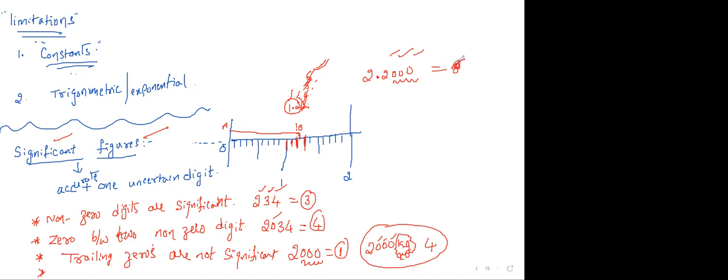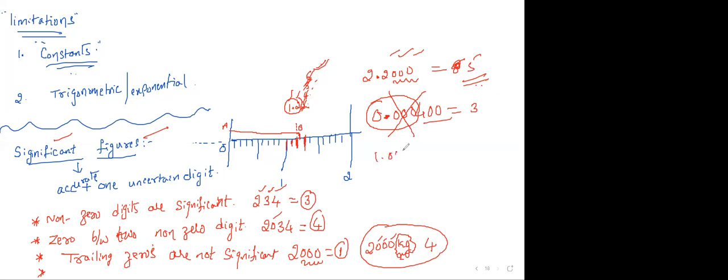So what is the significant figure for this? 5. If zeros are like this in the decimal, what is the significant figure for this? 3. Very good. Remember, if the number is less than 1, the starting zeros before the non-zero digit are not significant.